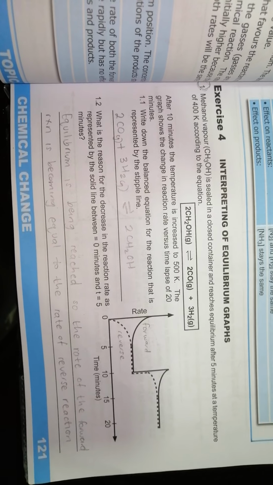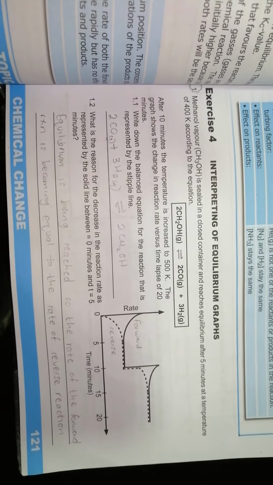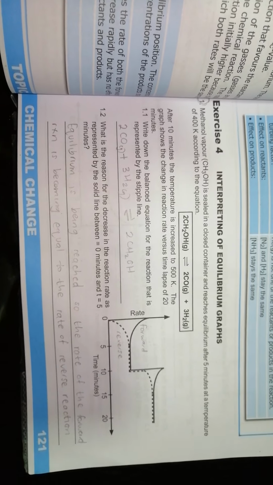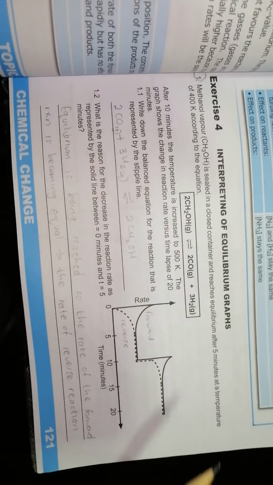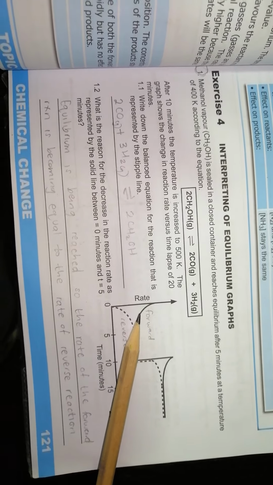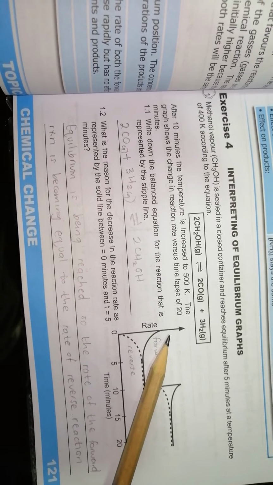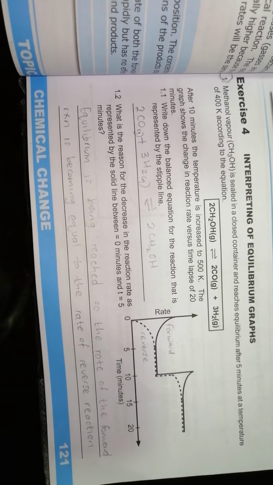Because you're making products, the reactants are becoming less, which means their concentration is decreasing, which means the rate of reaction will decrease. So because initially you are getting rid of reactants, turning them into products, the rate of reaction will decrease because the concentration of reactants is now less.